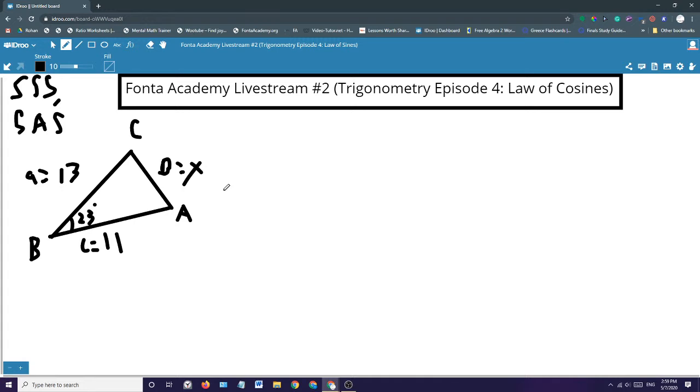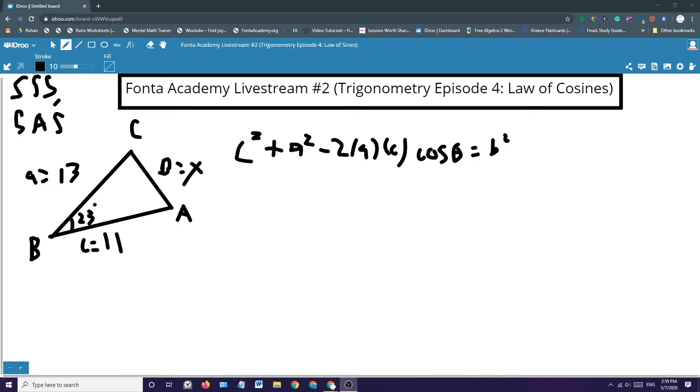The formula we use for this is C squared plus A squared minus 2AC cosine of theta equals B squared.